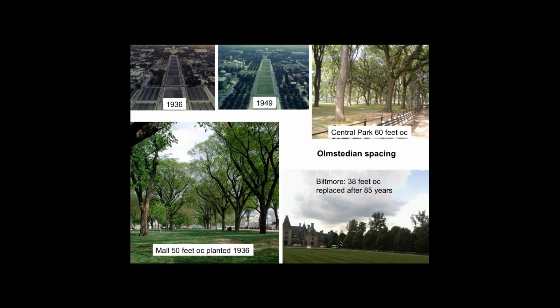Central Park, the walkway out to the Bethesda Fountain, he planted at 60 feet on center. And all those trees, or a good number of those trees, are still around. But at the Biltmore, they planted the trees in the main alley at 38 feet on center. And after about 85 years, they needed to be replaced as they were beginning to die off from competition.